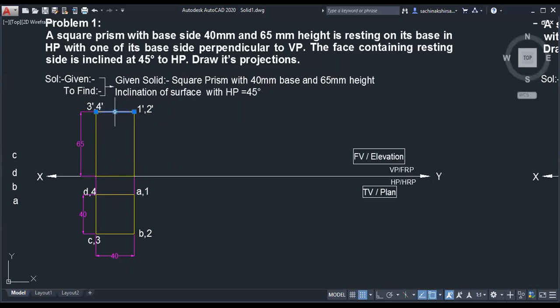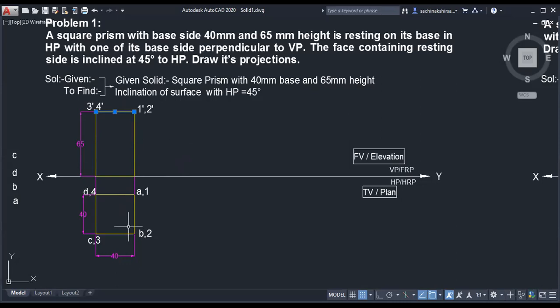So this will be the edge line. What is the true shape of the top surface of this square prism? Square.